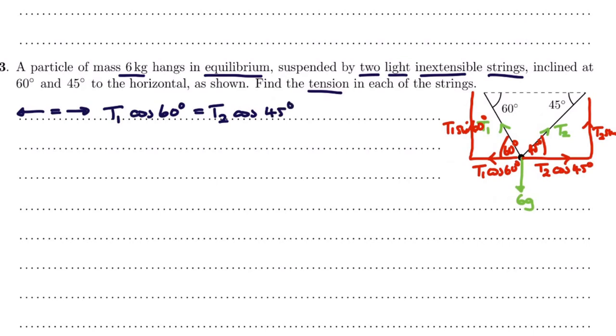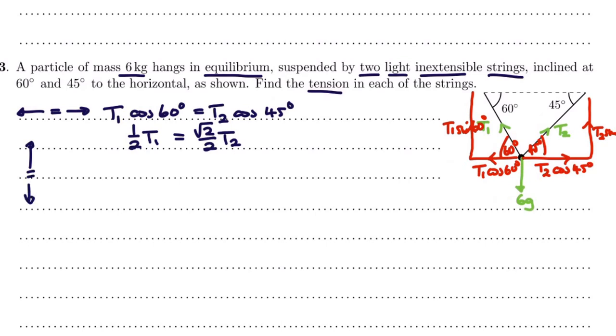Okay, now if you pop that in your calculator, you see you've got half T1 equals root 2 over 2 T2.